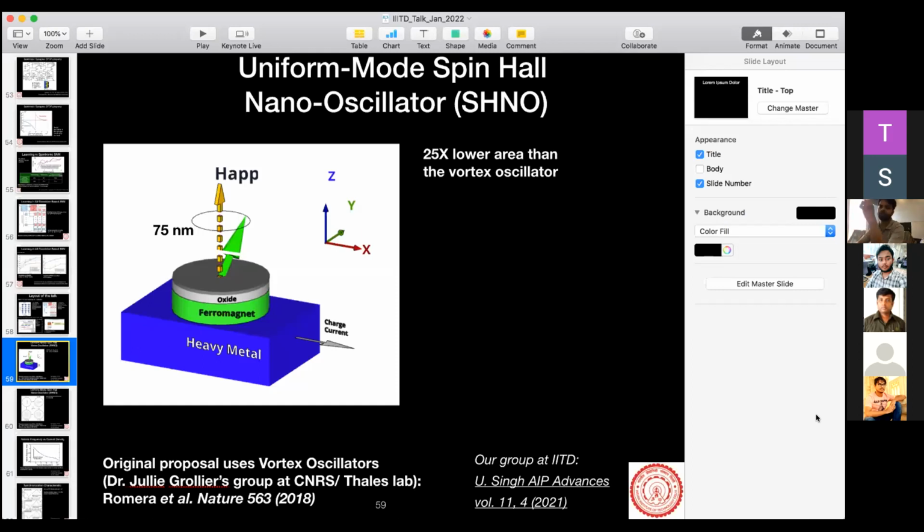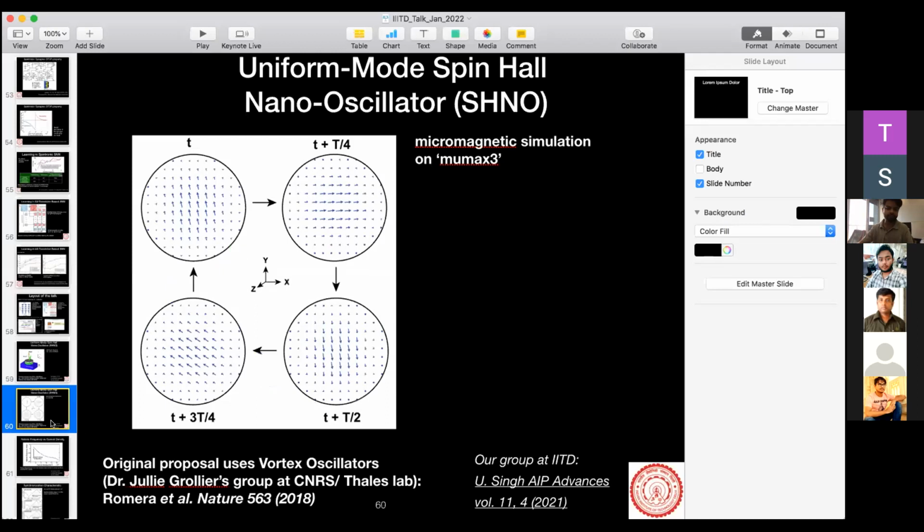The moment was trying to align itself along the field, but I've been able to counter that with an extra torque. Now it is continuously rotating while the input is a DC current. Is that a resonator now or an oscillator? Oscillator, very good.